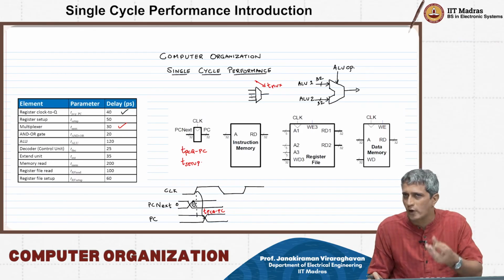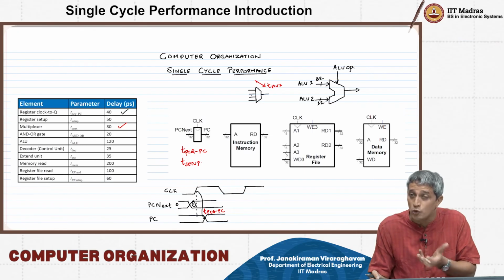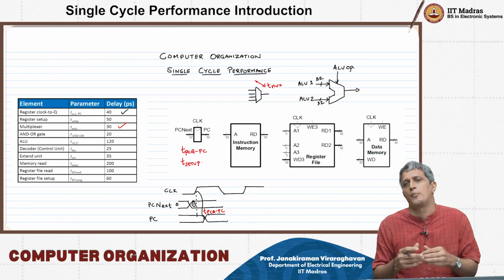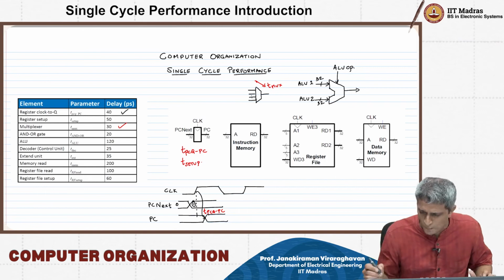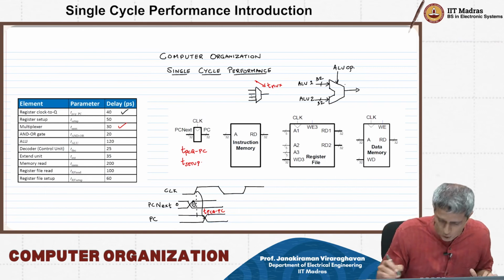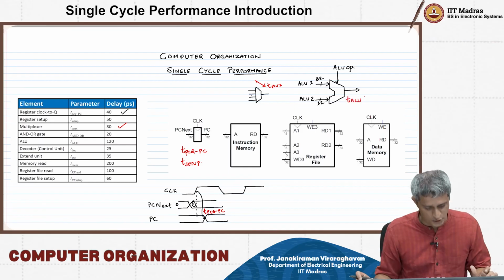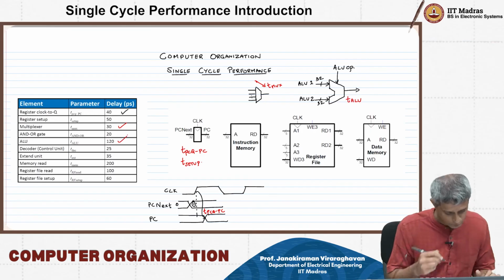So it could be, for example, addition. If the ALU does multiplication, then multiplication is probably the operation that takes the most time, and therefore this is what we are going to call TALU. Okay, the slowest operation of the ALU.